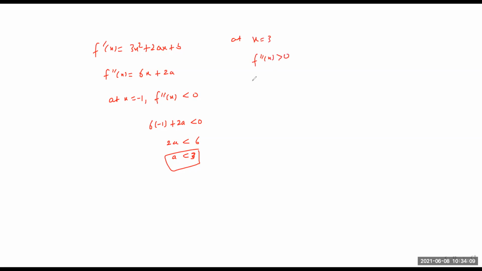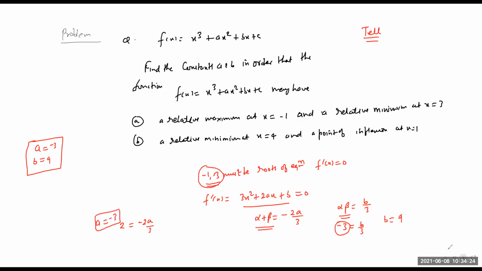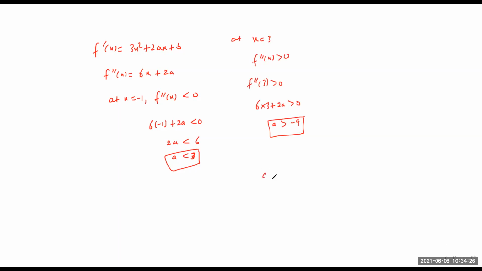So f double dash 3 is positive, which means 6 into 3 plus 2a is positive. So we are getting a is more than minus 9. So a can have any value from minus 9 to 3. This is the range of a that we are getting. So we don't know the answer, but we know the range of it. That's it. What we can say is this much only.